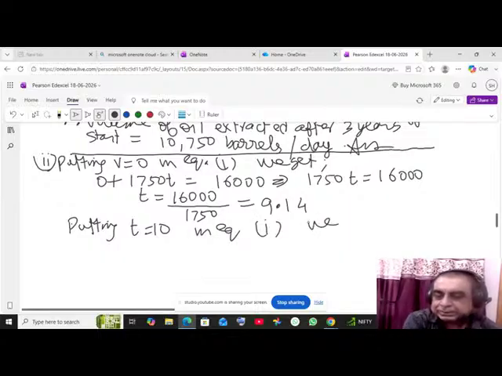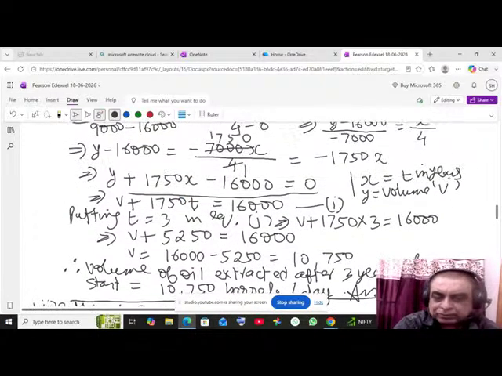If I put the value of t equals 10 in equation number 1, what do we get? Now find out V, how much oil will be drilled per day.